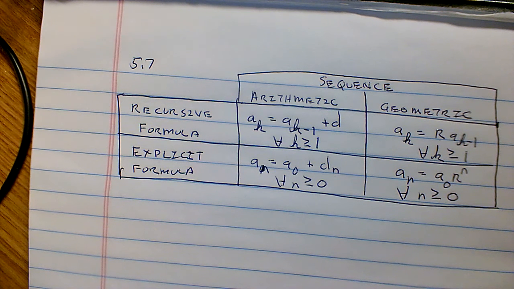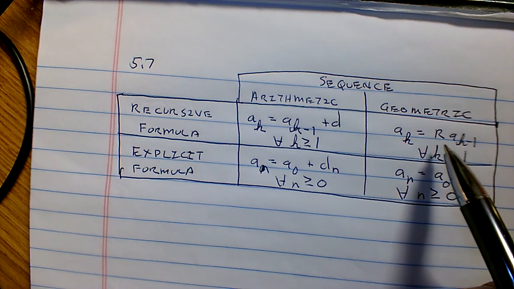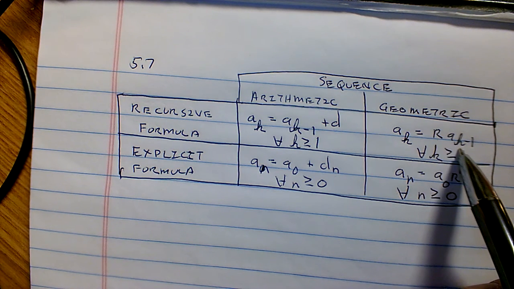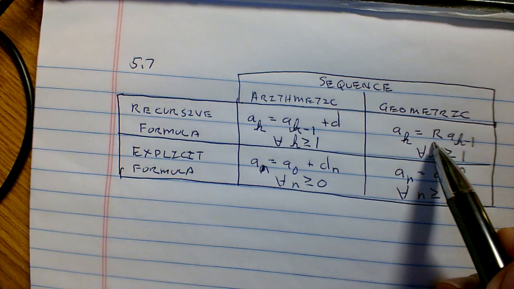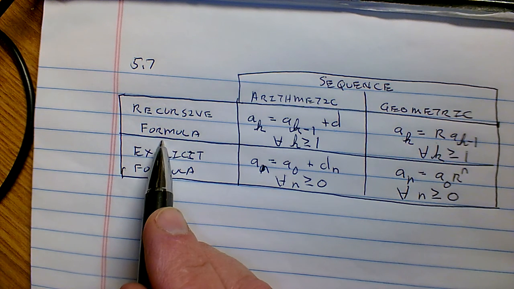We saw that ratio could be a bigger number, so we could be multiplying by 3 or 4 or 5. We also saw that could be a fraction, so it would be making something get smaller. So each time we take the one before it and multiply by the ratio for the recursive formula.